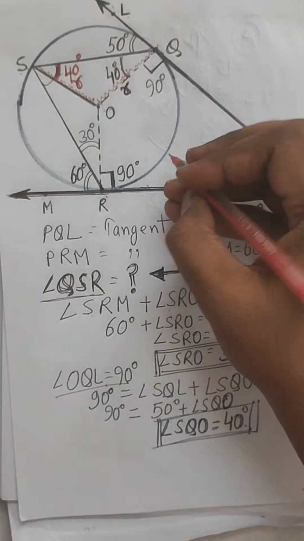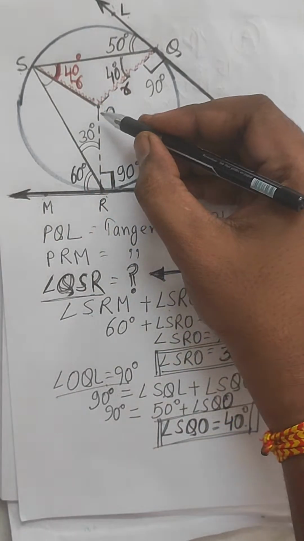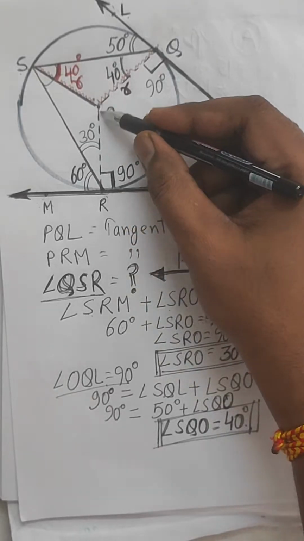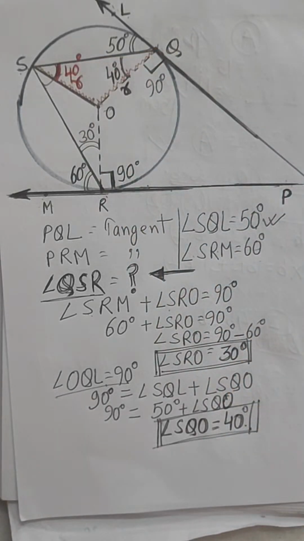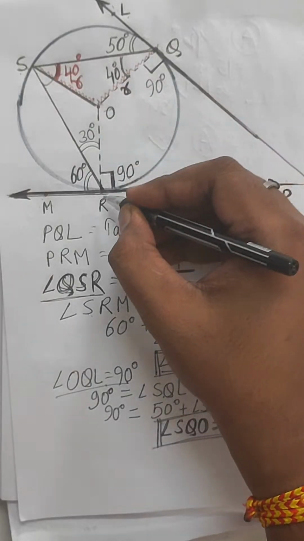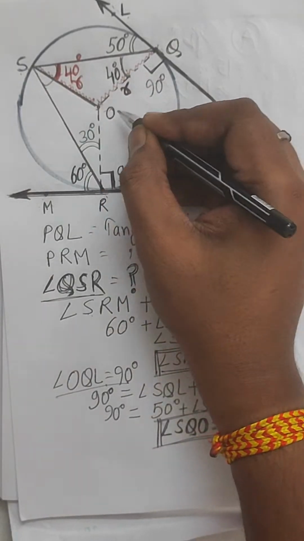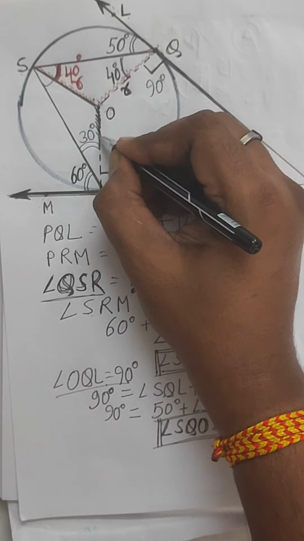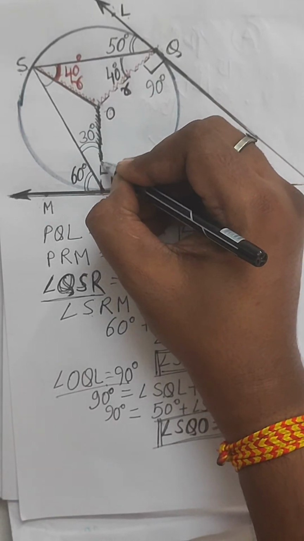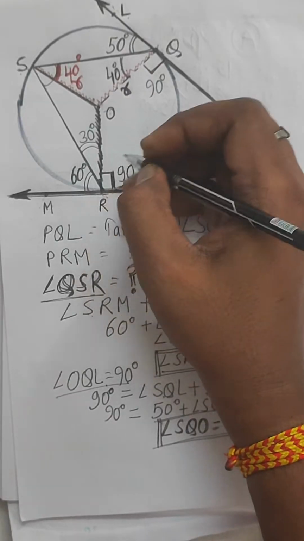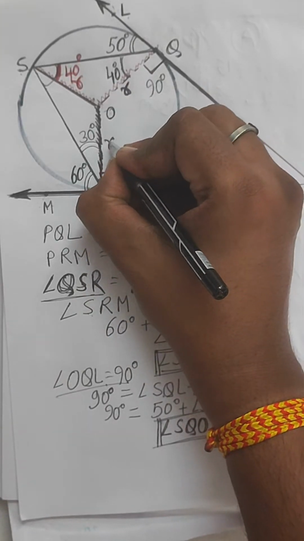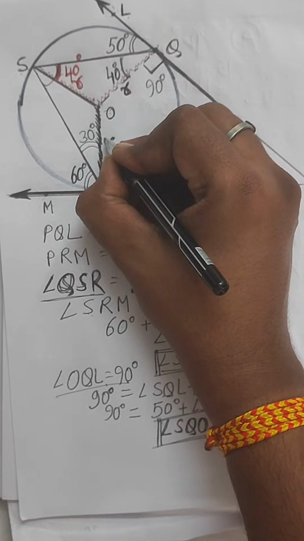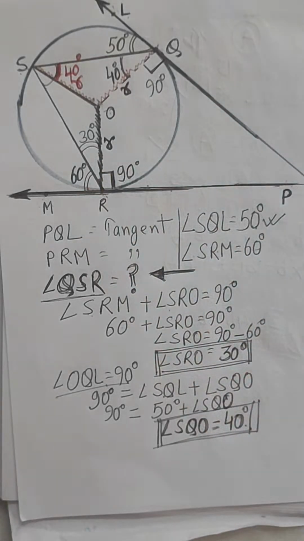Similarly, as we did for it, you can go to this triangle ORS, right? In triangle ORS, OR is a radius. I am marking it differently so that it will be easily visible from remote as you are seeing through the camera.